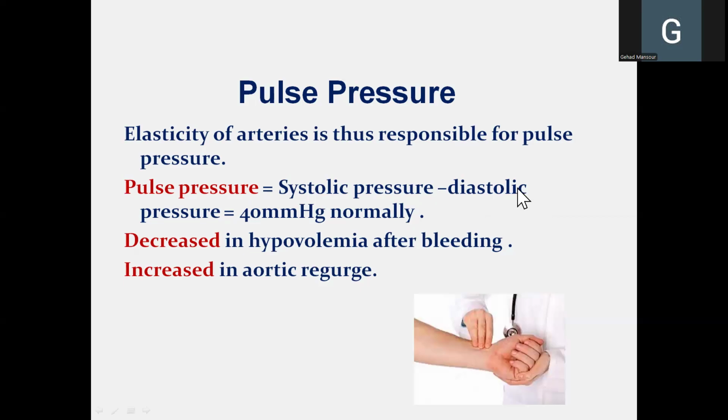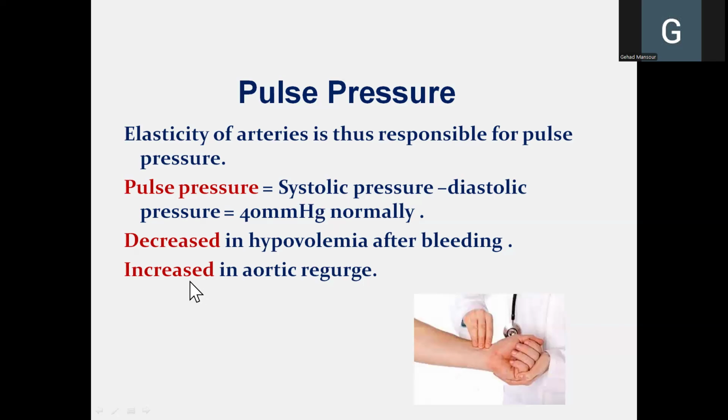So upon measuring the blood pressure of the patient, you can not only roughly detect the strength of the pulse, whether it is strong and bounding or weak and thready, but you can also calculate the exact numerical value of the pulse pressure by subtracting the diastolic pressure from the systolic pressure.